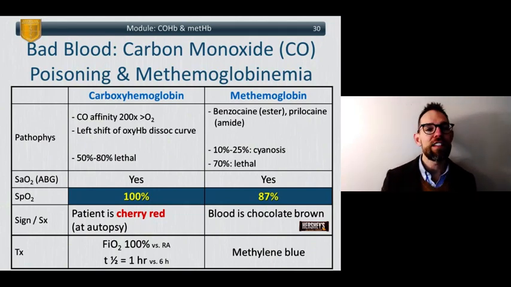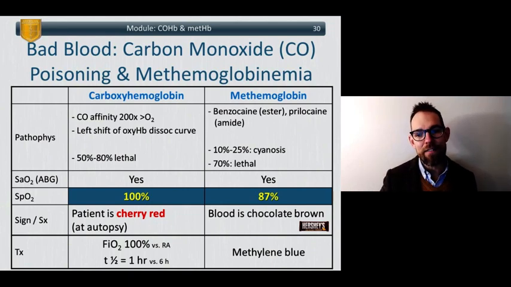The pathophysiology is that carbon monoxide has an affinity 200 times that of oxygen. So there may be oxygen in the blood, but the carbon monoxide is avidly bound to hemoglobin, and there's just no room for oxygen to adhere or join the molecule.